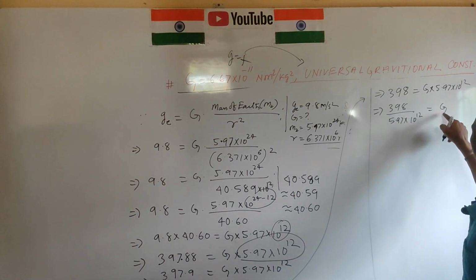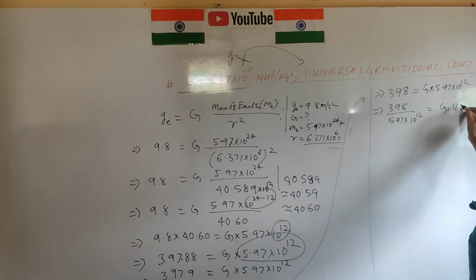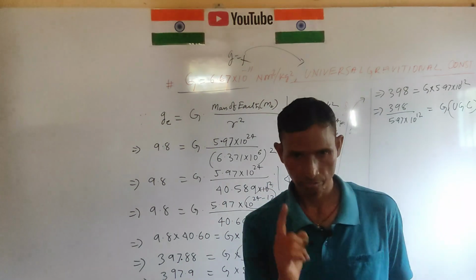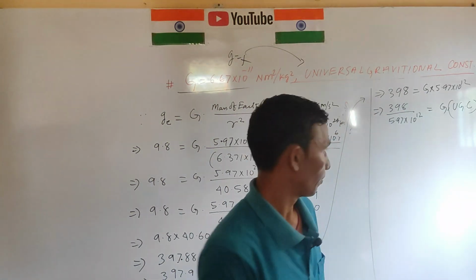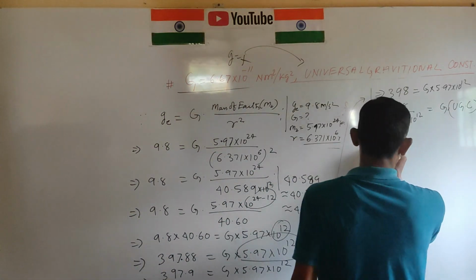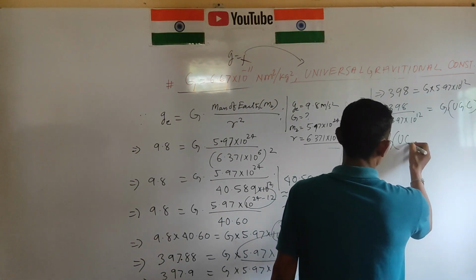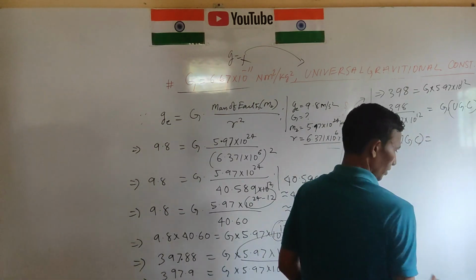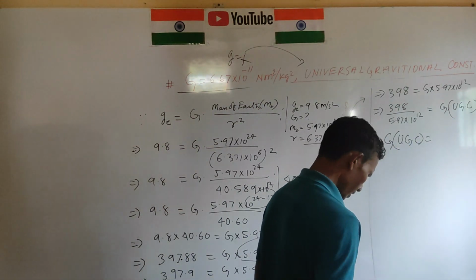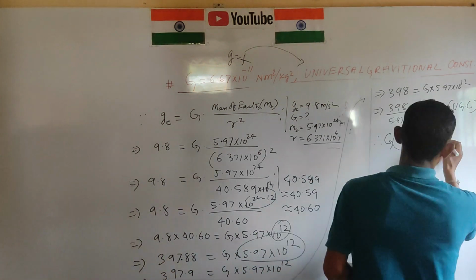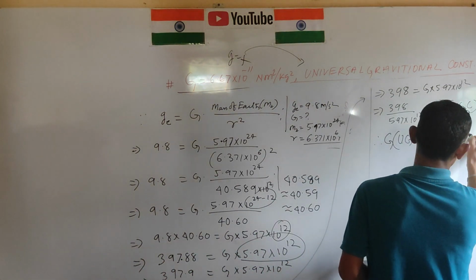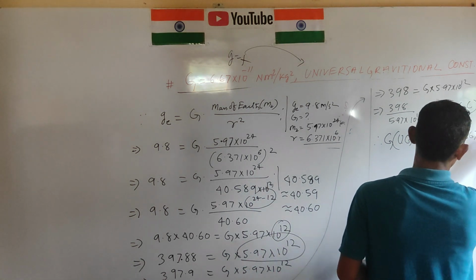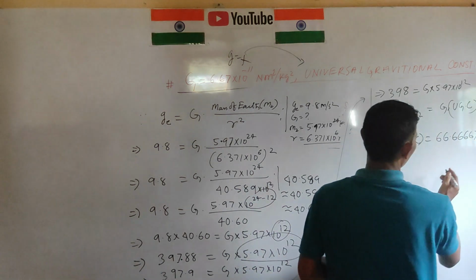This is G, the universal gravitational constant, UGC. So we calculate this, and it will be 6.666667 into 10 to the power minus 11.